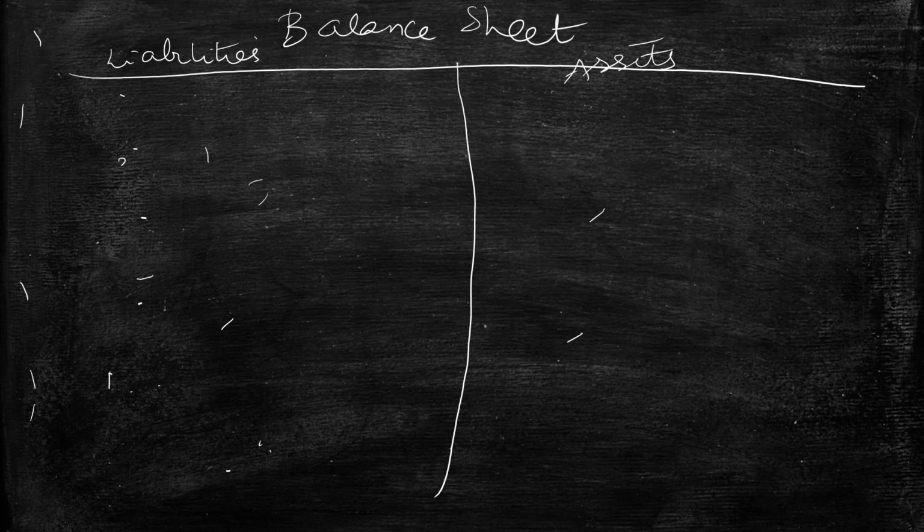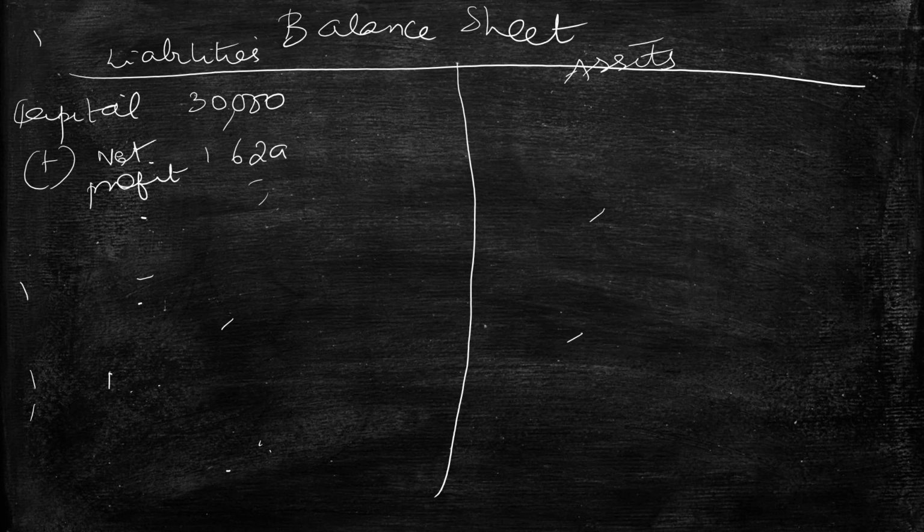I am going to enter the liability side first. We have capital of rupees 30,000, to which I am going to add this year's profit, which is 6,200. So my total capital as of now will be 36,200.